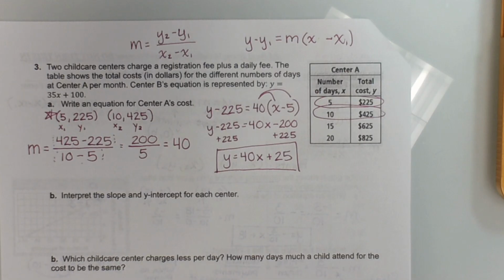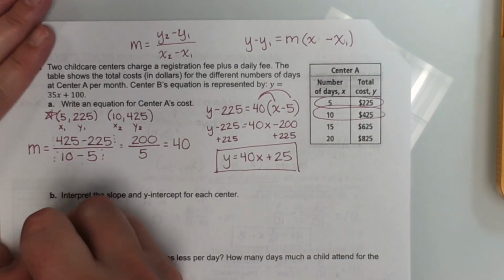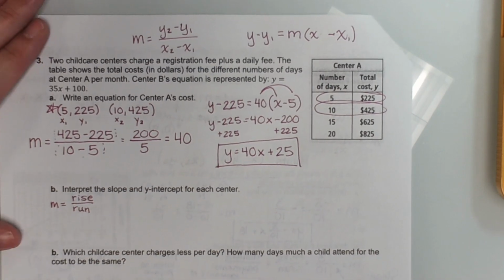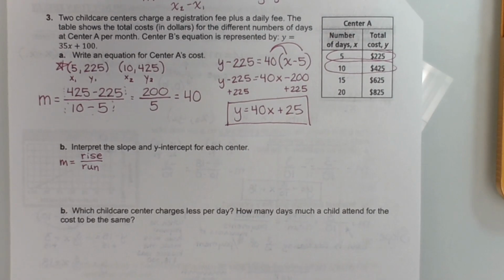Interpret the slope and the y-intercept again. Interpreting slope, again, is all about looking at the units. And remembering, slope is rise over run. Rise is changes in y values. What unit is therefore associated with the rise on that?